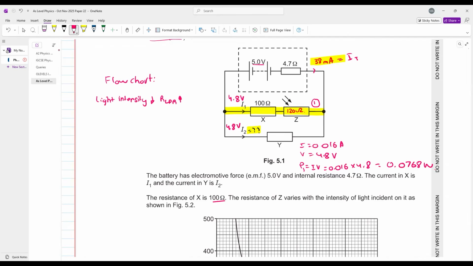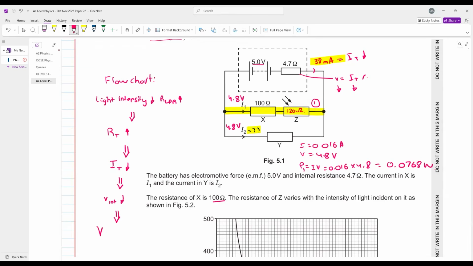As the resistance of the LDR increases, what will happen? The total resistance of the circuit will increase. As the total resistance of the circuit increases, the total current in the circuit decreases. If this total current decreases from 38 milliampere, the voltage consumed by the internal resistance decreases, because the voltage consumed by the internal resistance is equal to the total current into the resistance.